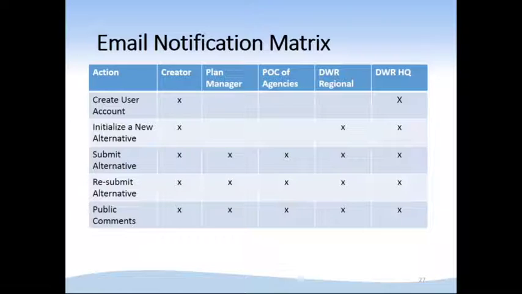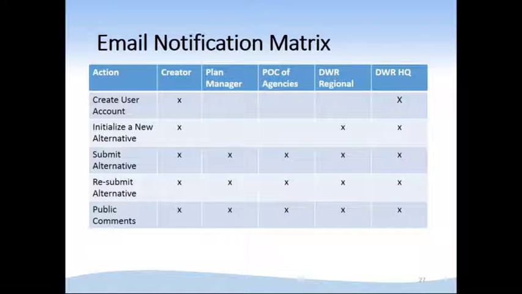A few other items we'd like to talk about: I mentioned email notification will be provided for certain actions that take place as far as alternative submittals. This table shows who will get emailed for the various actions that take place through this process. When you create an account, the person creating the account will get an email, and the DWR headquarters office for the SGMA branch will get an email.